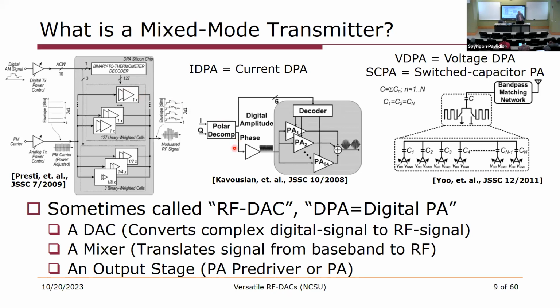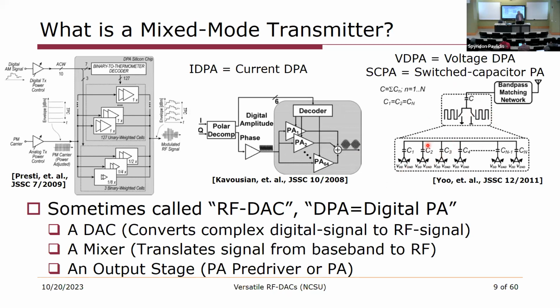So sometimes we call these things RF DACs because of that. We have quantized states that we can go between to realize a linear amplifier. Now, I'm going to primarily talk about this one here on the right, which is a voltage mode digital power amplifier. And we originally called it the switch capacitor power amplifier when we introduced it in 2011.